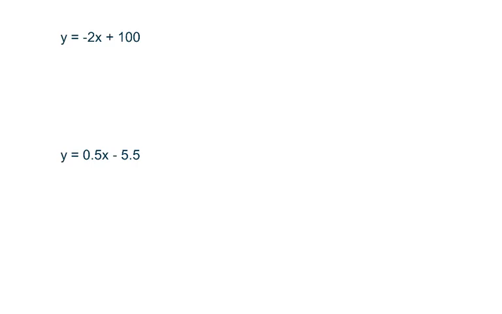So here we have 2 more, and I will give you the x values, and then you can plug those in to get the y values. Let's just make up some random numbers.